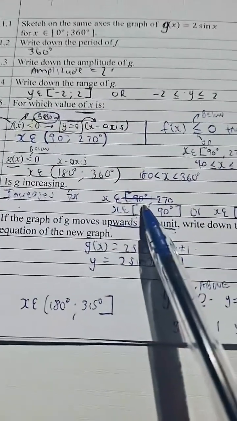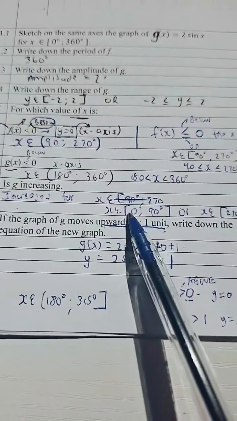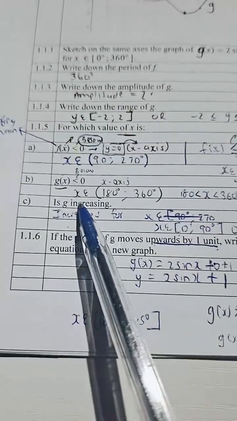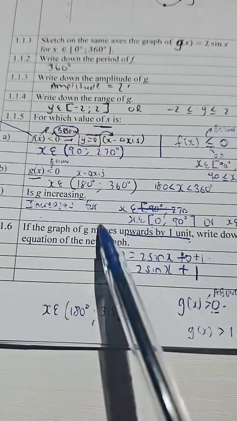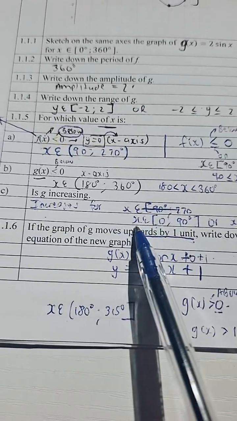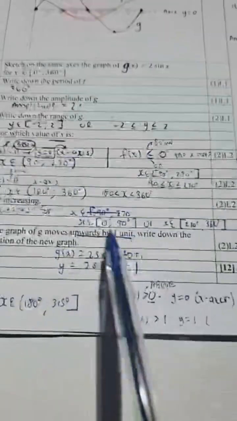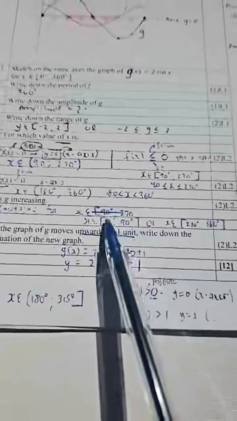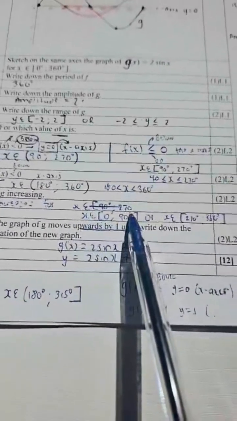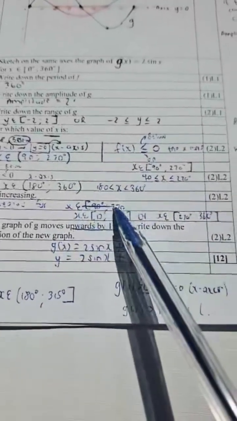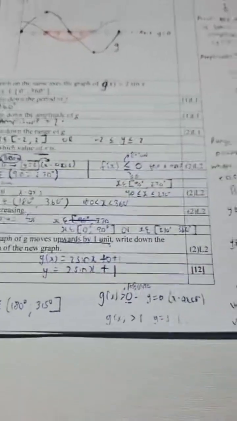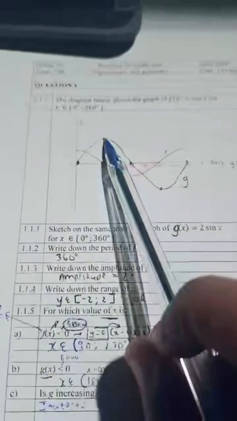And then Tando, the whole including or not including for increasing or decreasing, we spoke about that. We said that amongst examiners, if you write your answer with open brackets or closed brackets, either will be accepted, because there is an argument that since that is a stationary point, do we include that point or don't we?